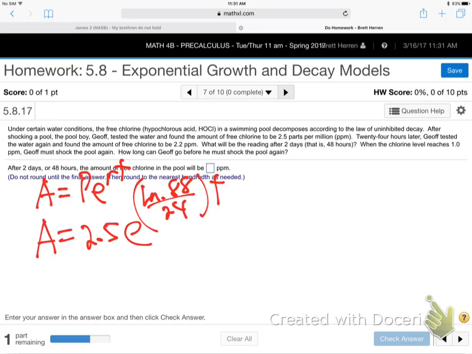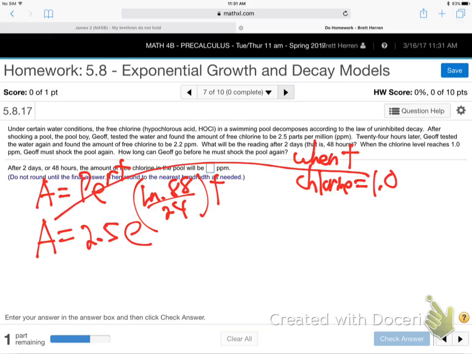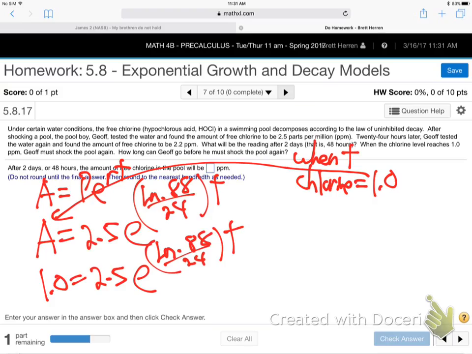And now I'm going to plug in when, so what is T when the chlorine is 1.0? So the amount is 1.0.